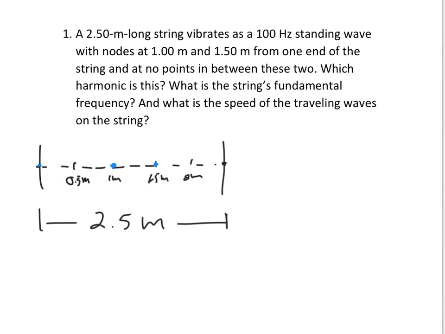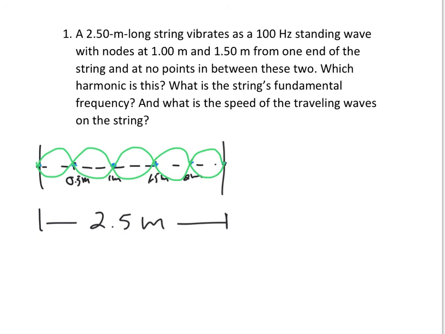So if they're spaced 0.5 meters apart, I've got all of these nodes right here, and then I want to draw in the standing wave. So here's the one wave, and here's the other wave. Drawing that wave allows me to answer the first question, which harmonic is this?